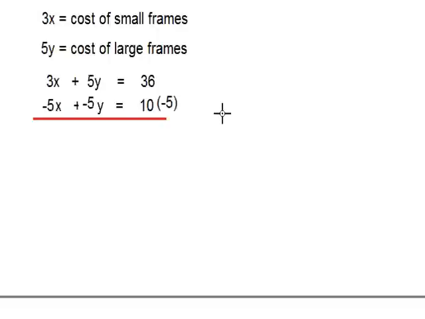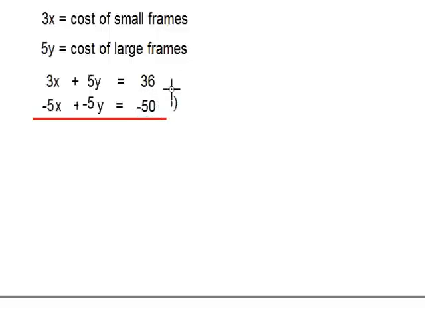If I had the number 2 equal to 2, if I multiplied both 2 and 2 by 3, 6 would still equal 6, right? So that's basically what I'm doing here, just with a few more numbers. So 10 times -5, what is that? That is -50. So I'm going to replace this value with -50 right here.